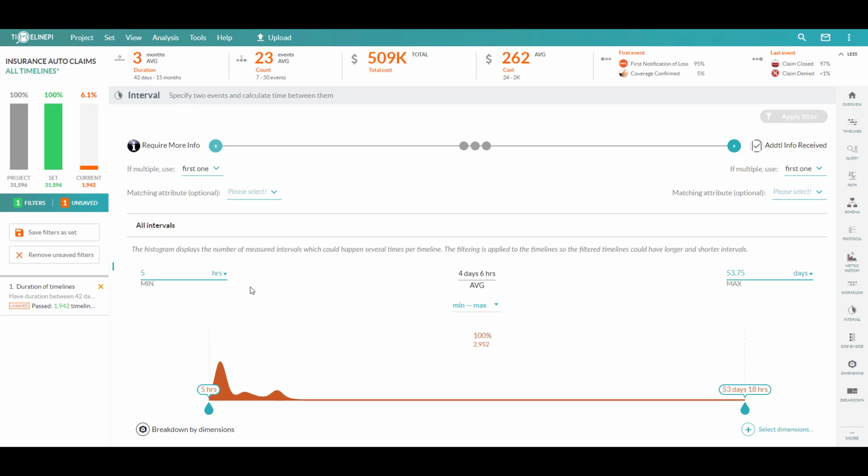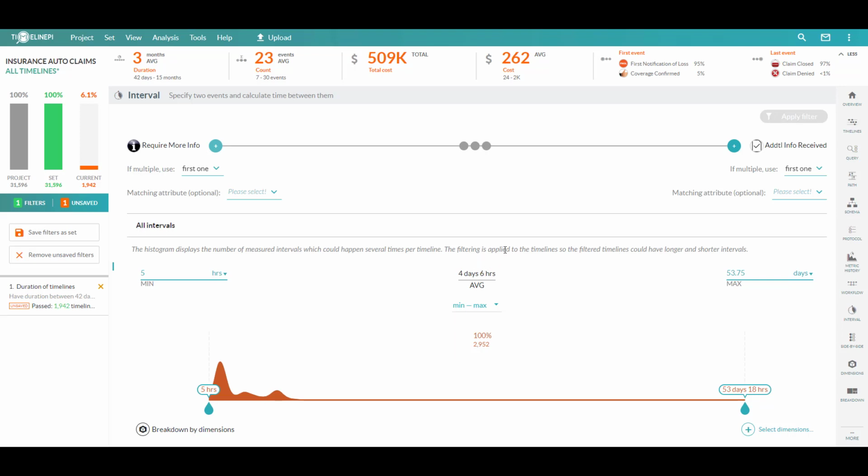And again, we've got the minimum, the average, the maximum, and so on average, it takes us 4 days to get that data back. To add insult to injury here, we saw this can happen up to 4 times as a part of any claim. So this could definitely be holding up claims and causing this overall duration to be protracted based on the amount of time it's costing us.